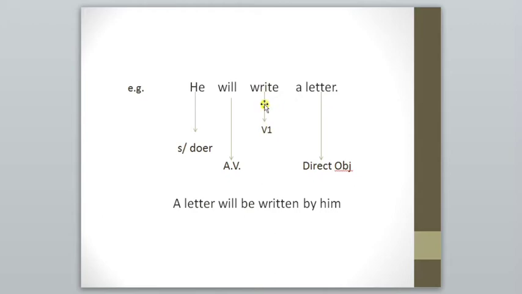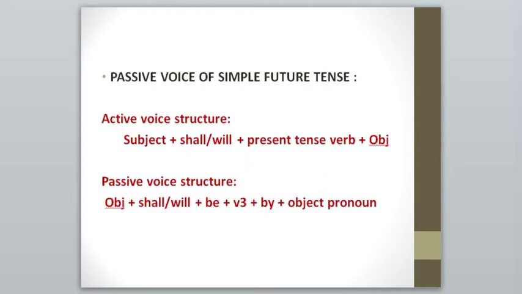Here we asked a question by what and we got a letter, right? And so a letter is direct object. And now we have to follow this formula. What is our formula? Object plus shall or will plus be plus V3 plus by plus object pronoun.